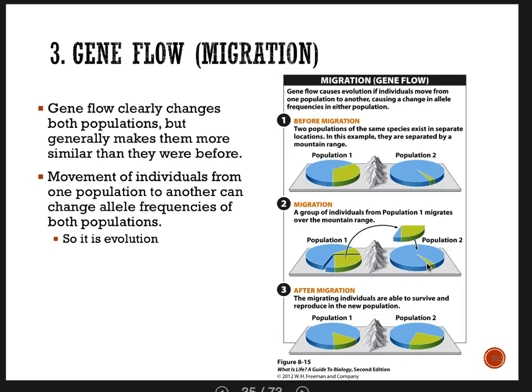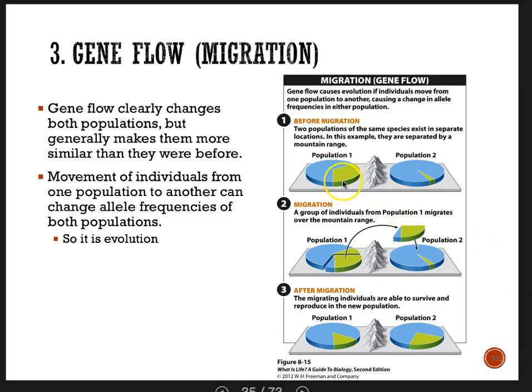A lot of people really balk at the idea that gene flow, just movement of members from one population into another, in and of itself causes evolution. And I'm here to tell you that if it changes the allele frequency, then it is evolution, by definition.